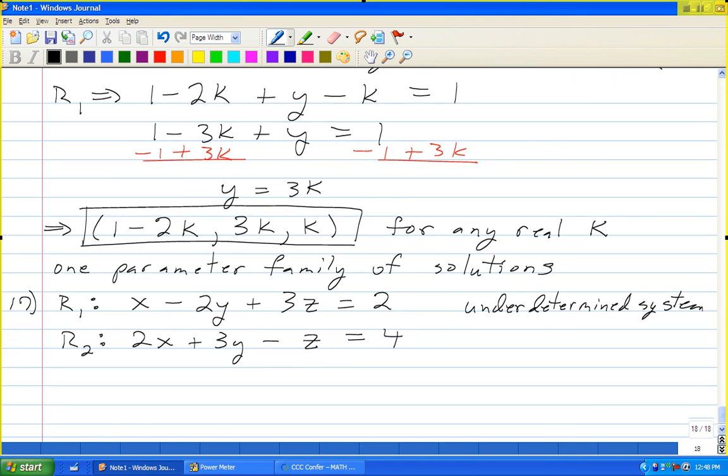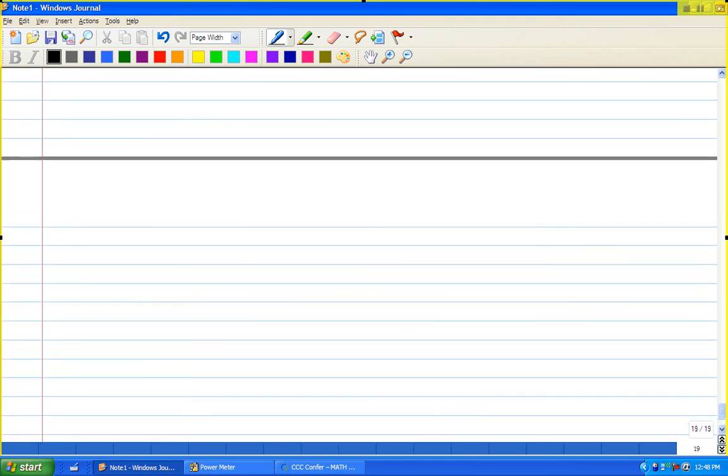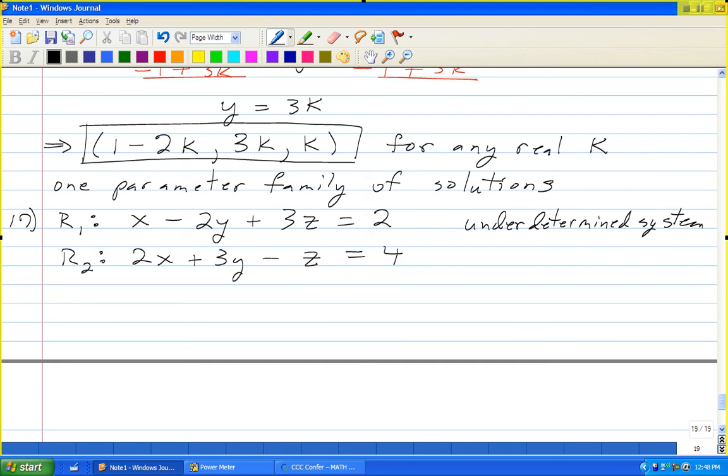Let me eliminate y, not because it's easiest to do, but because it's a good way to show you what I was doing above. So let's eliminate y.